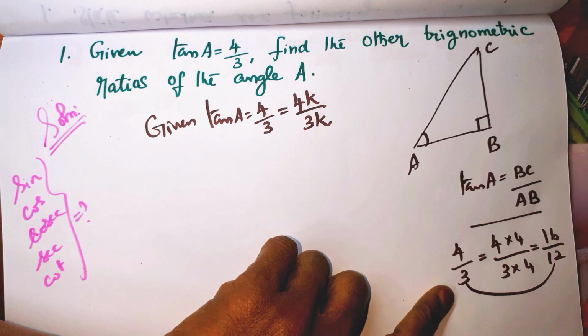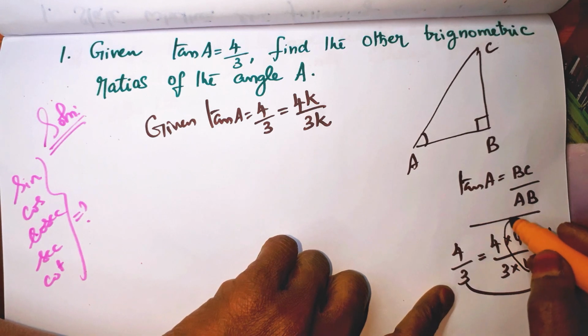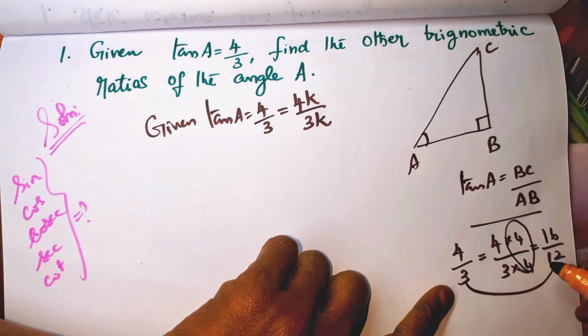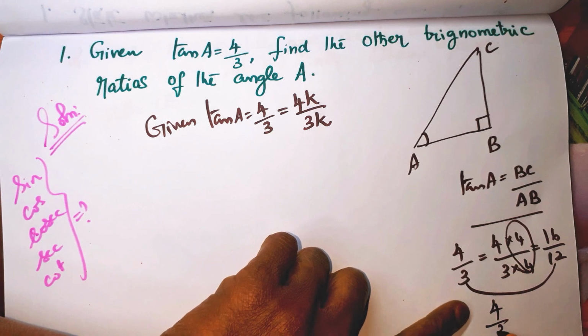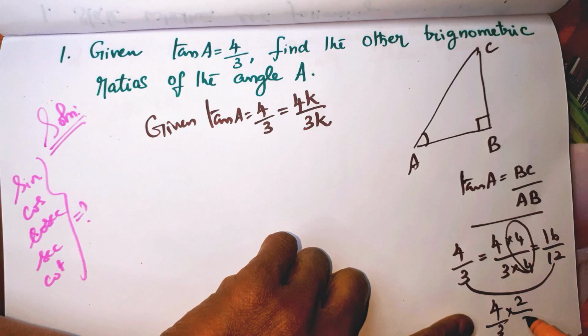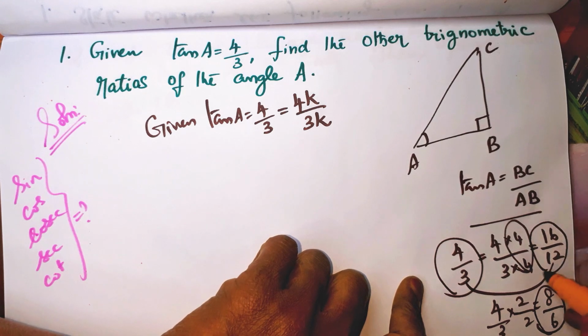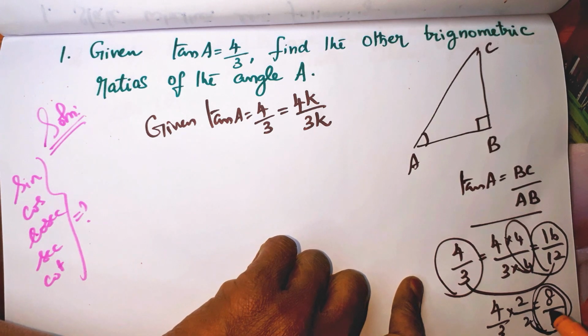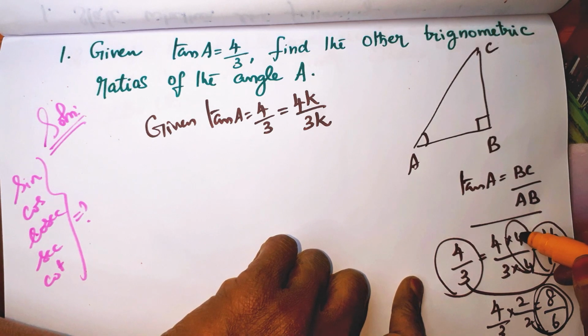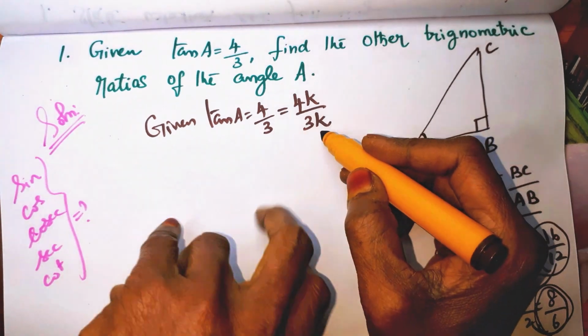In ratios, we can multiply a common factor in both numerator and denominator. Or we can take 4 by 3 into 2 by 2, that is 8 by 6. This is also equal. So either 4 by 3, or 16 by 12, or 8 by 6. Anything can be multiplied and divided. That constant we are taking as k.